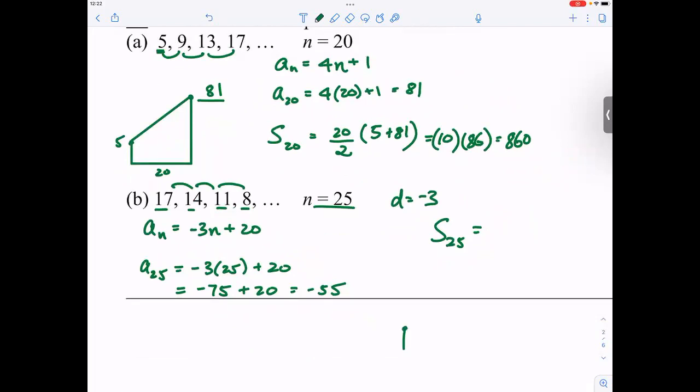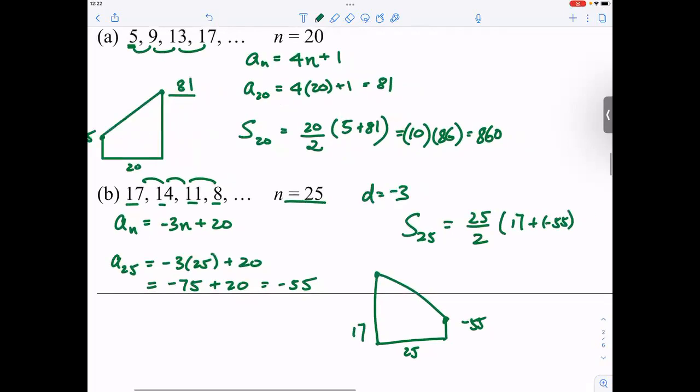For this one, it could be a little bit challenging to see it because the numbers are kind of weird. You have 17 over here, and then you have 25 for this, but actually, you want to do it the other way. So this is 17, and then this is -55. You can look at it this way. So you have 25 divided by 2, and then 17 plus -55.